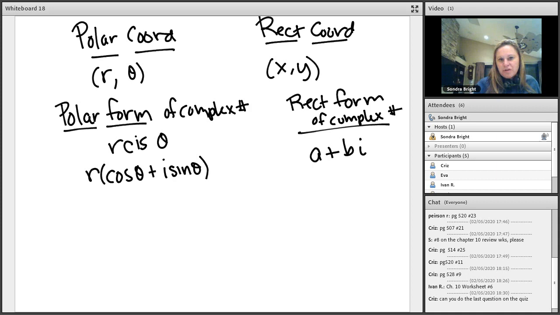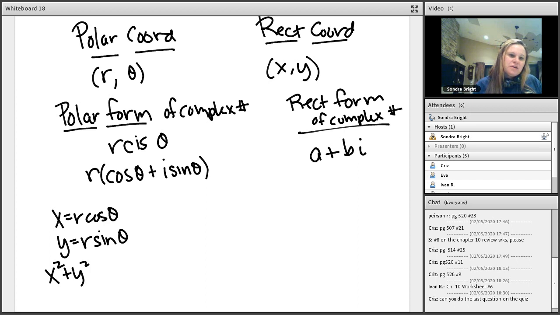And the things that you use to convert these are x equals r cosine theta, y is equal to r sine of theta, and x squared plus y squared is r squared. What else? If it's not a special angle, you might have to use the fact that tangent of theta is y over x, so you'll use inverse tangent there.